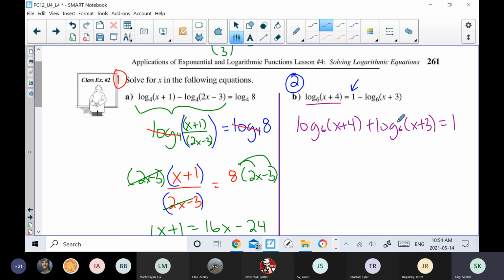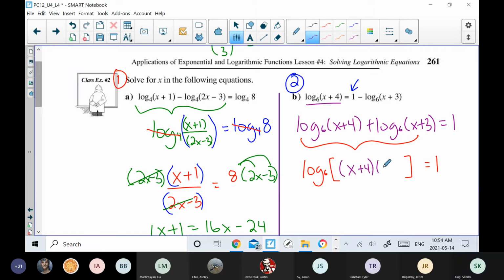Now what you need to do, say to yourself, how do I join these two logs together? You're going to join these two logs together by using your laws of logs. This would be the product law. Bases are the same in both logs, so multiply these arguments. It would be x plus 4, x plus 3.